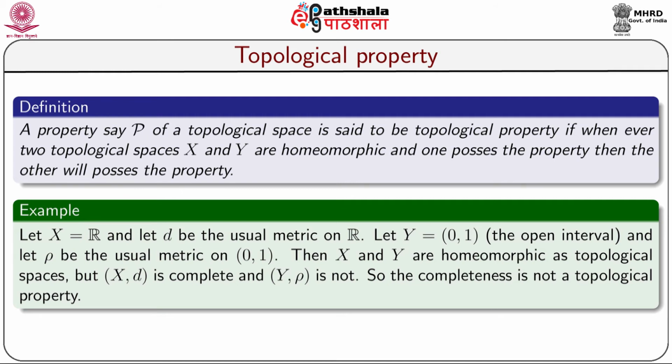Then we know that R with the usual Euclidean metric is a complete metric space, but we know that the open interval (0, 1) with the usual metric rho is not complete. So, completeness is not a topological property, because we know that the open interval (0, 1) and R are homeomorphic, which we have already studied.